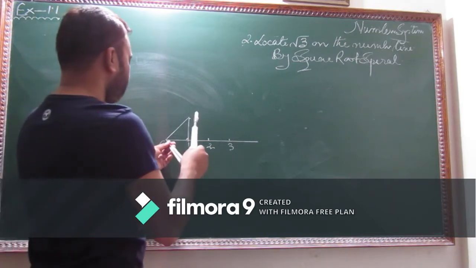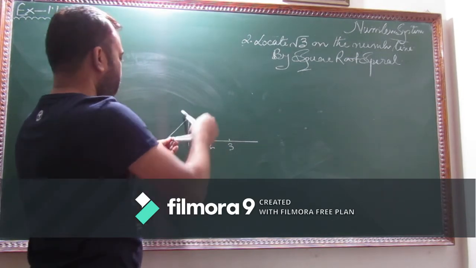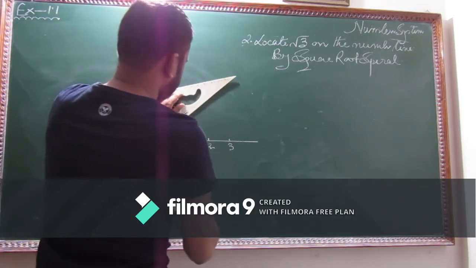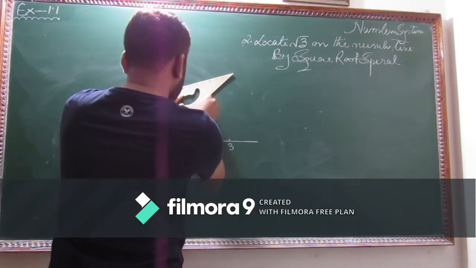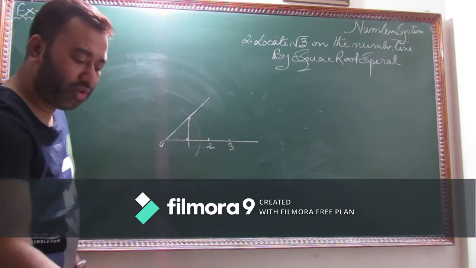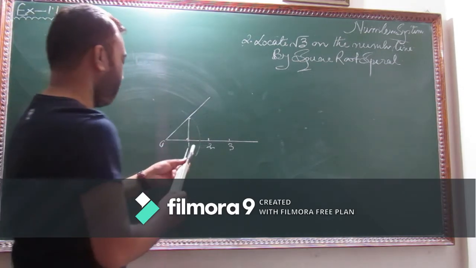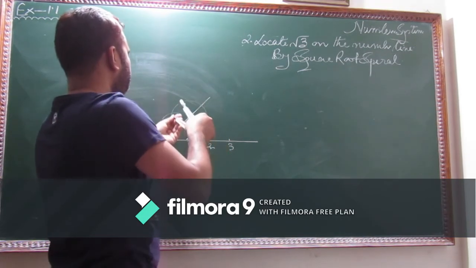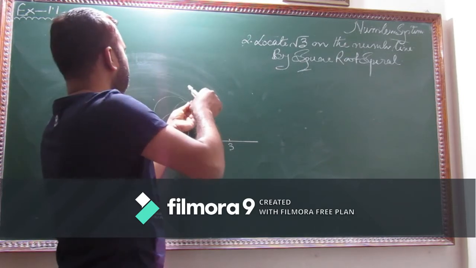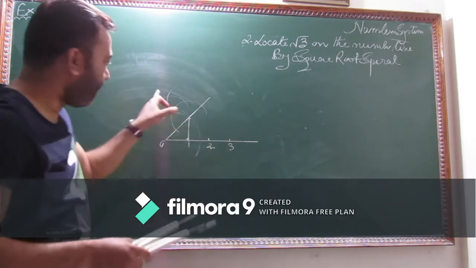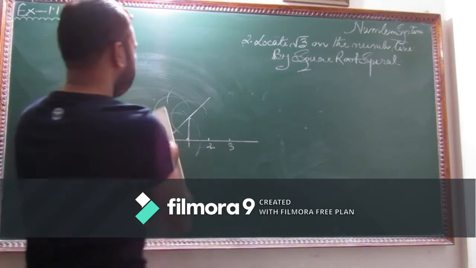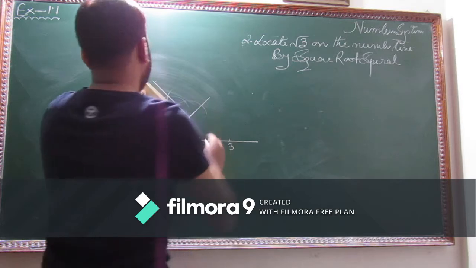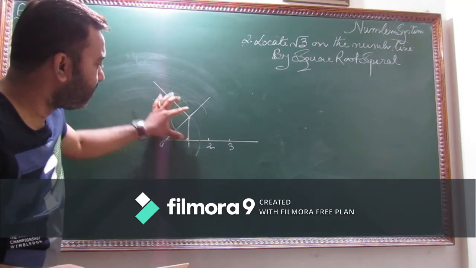Now I am going to extend it. At this point I am going to draw a 90 degree angle. This is 90 degree.